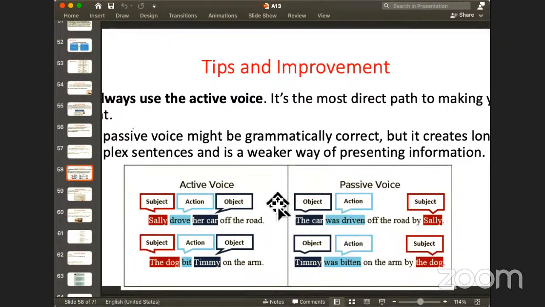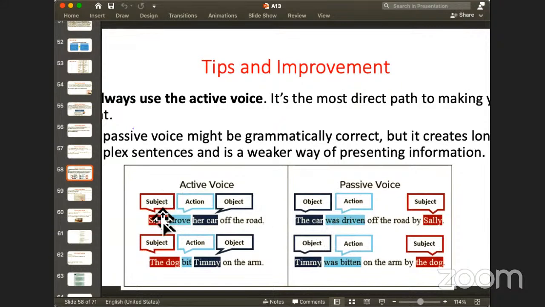Passive voice is the opposite. We have an object in the passive voice who's receiving an action, and then at the end we have a person or a subject who did that. Here we care mostly about the object, or who's receiving the action. We don't really care about the person, and that's why it's different.